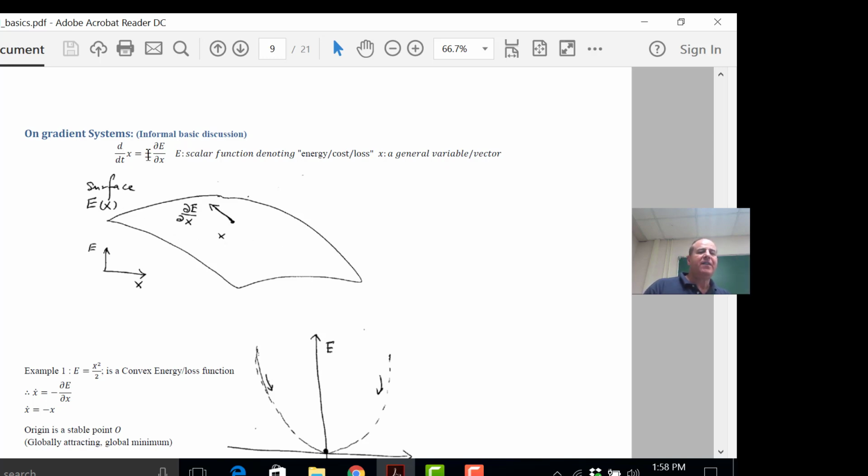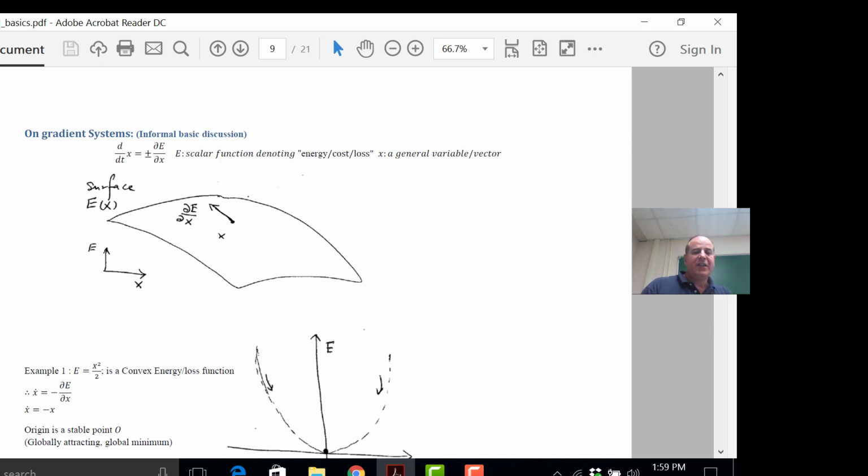So typically, this E represents a surface in the higher dimensional space. We visualize it by something like this here. And the gradient represents a vector in this dimensional space, anchored at some initial point, and it gives you the direction where you're going to move next. That's what the gradient does for you.